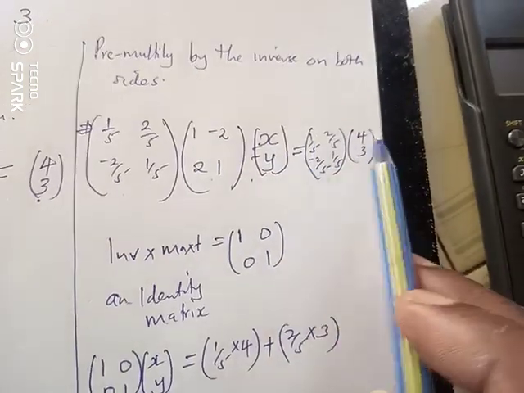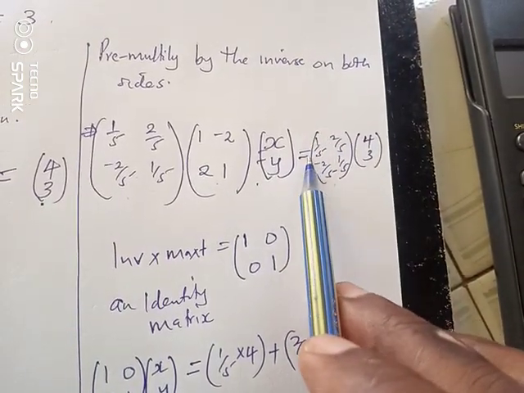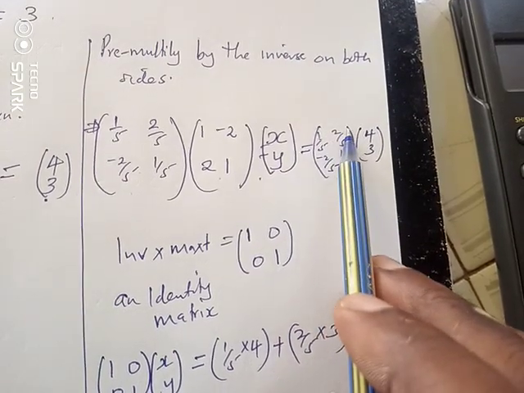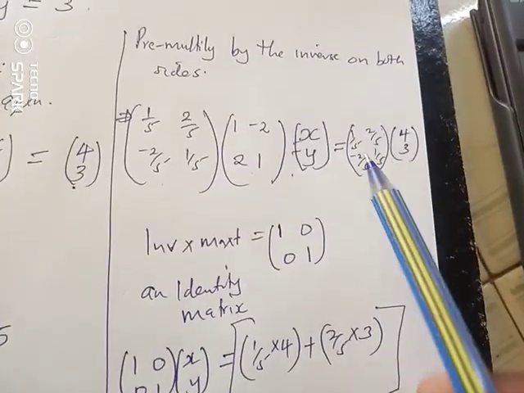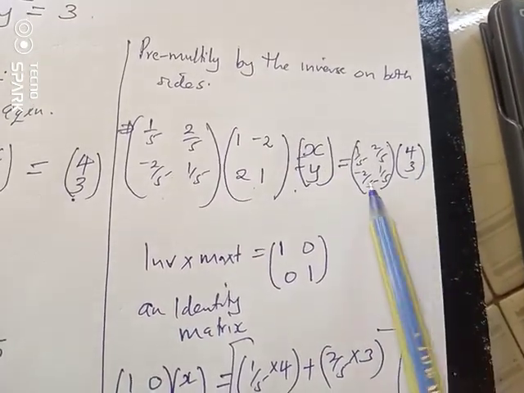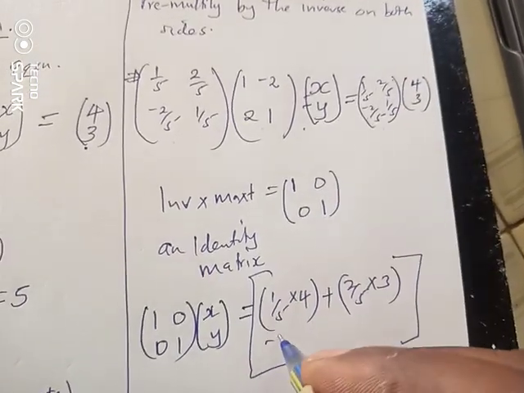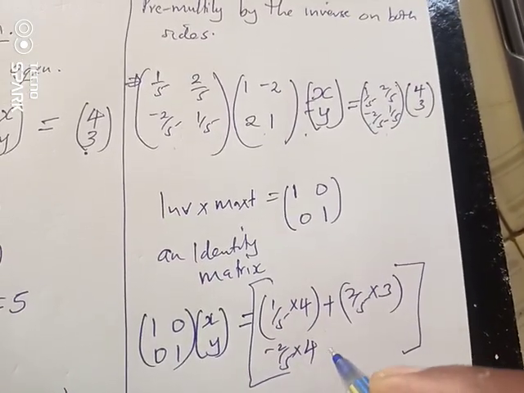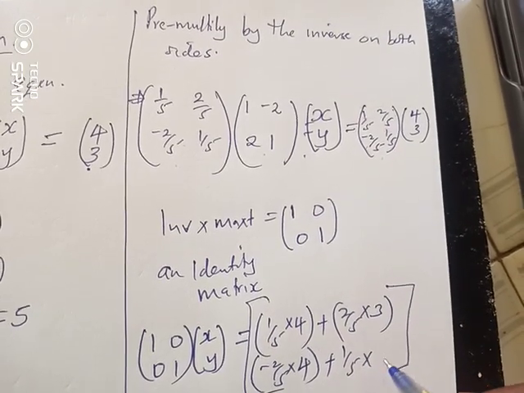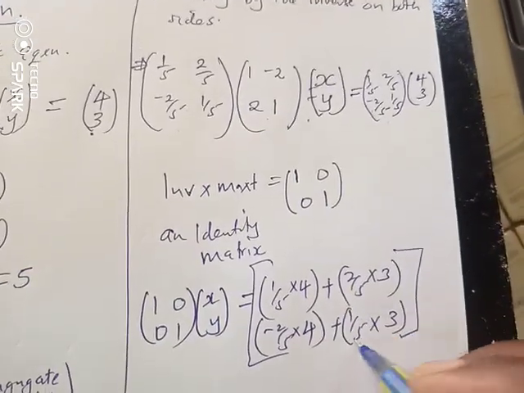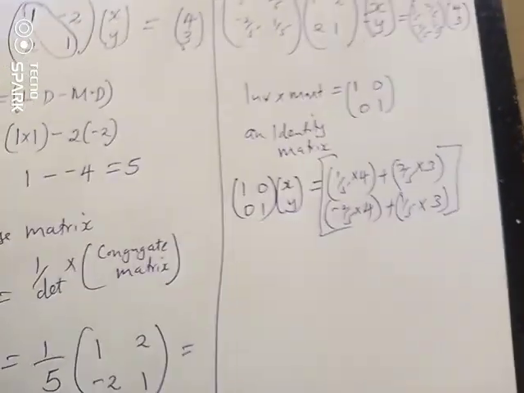The first number 1 over 5 multiplies 4, and the second number 2 over 5 multiplies 3. The same for the lower row by column: negative 2 over 5 by 4 plus 1 over 5 by 3.